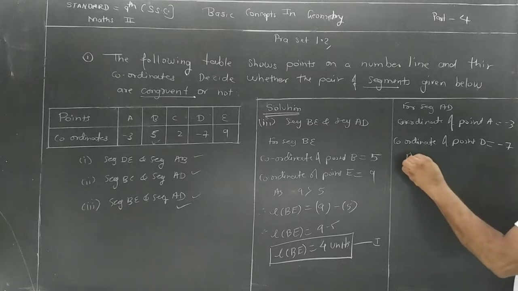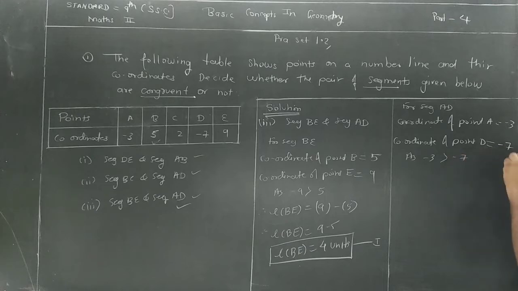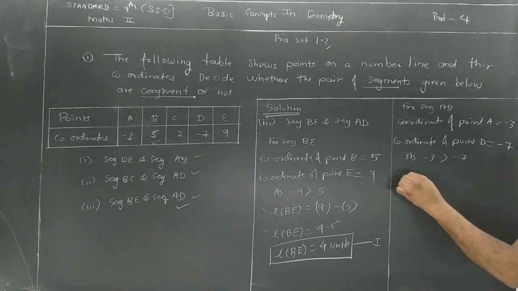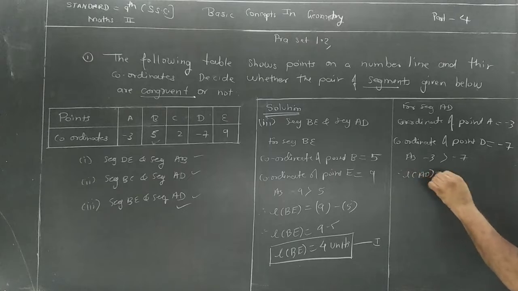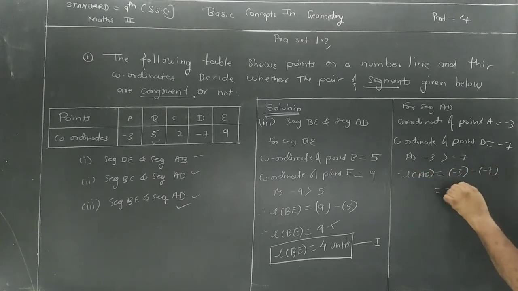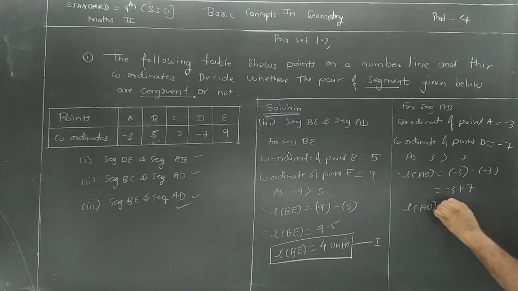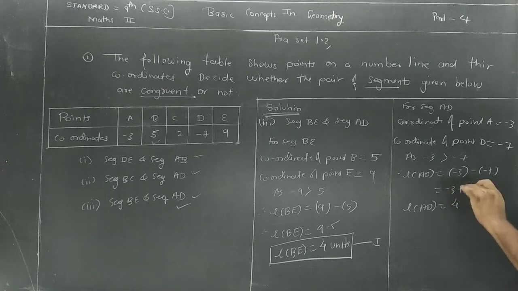Now, if you compare, which one is greater? -3 is greater than -7. Therefore, length AD is equal to -3 minus (-7), which is -3 plus 7. Again plus minus minus, 7 minus 3 is 4.